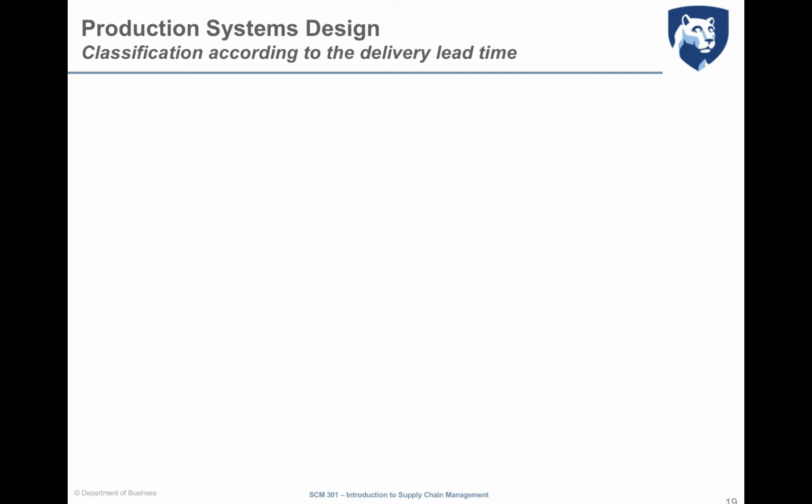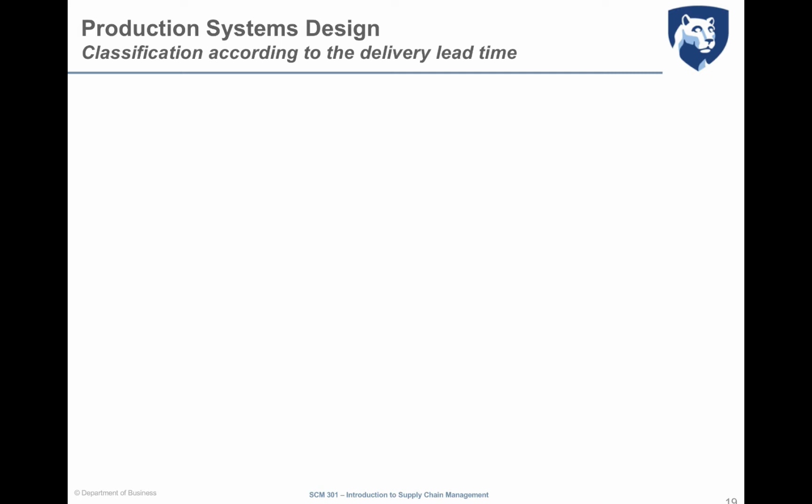So again, think about the fact that the production process is characterized by a delivery lead time, so the time that encompasses the moment in which the customer requests the product and the moment in which the product is ready to be delivered to the customer.